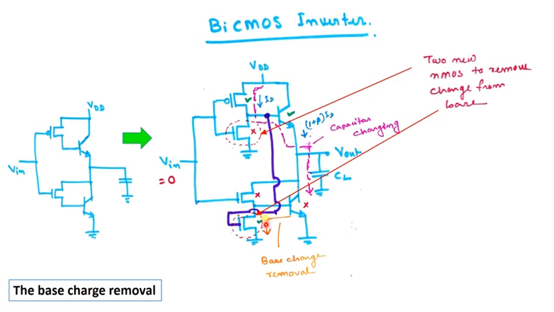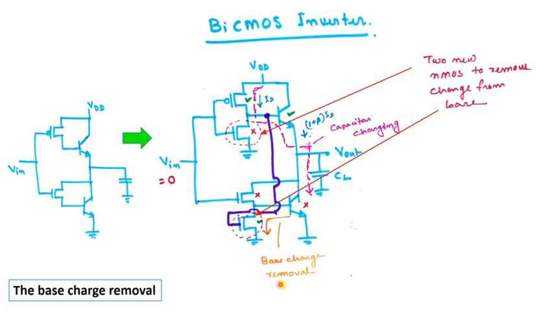But this particular transistor, see, this is now on because it is connected here, and for this transistor, the drain terminal is connected with the base of this bipolar junction transistor. So as this is on, this bipolar junction transistor will find a path to discharge the stored charge in its base through this NMOS.